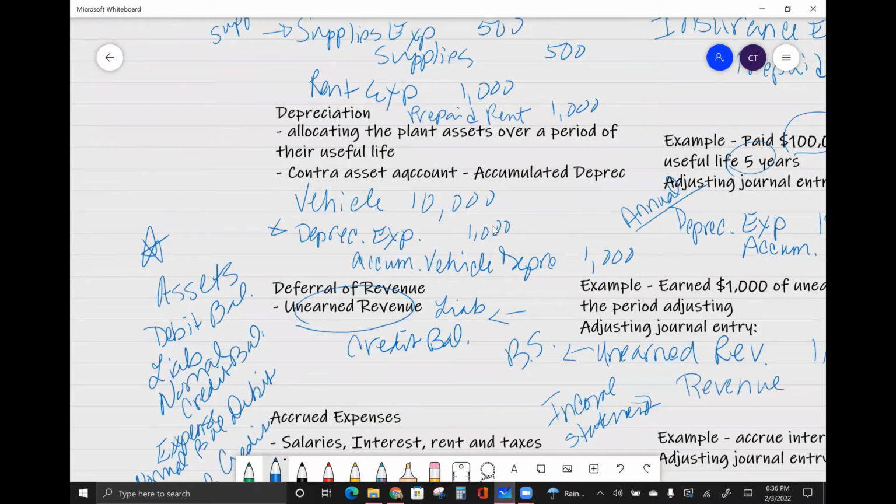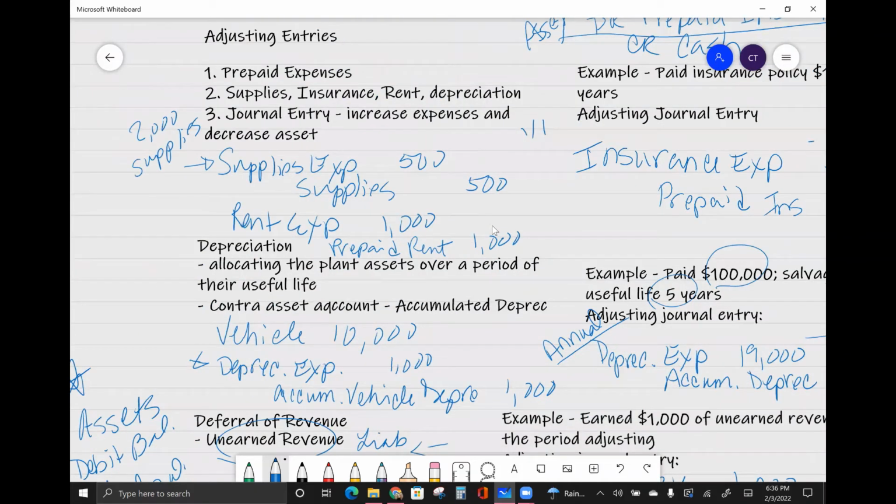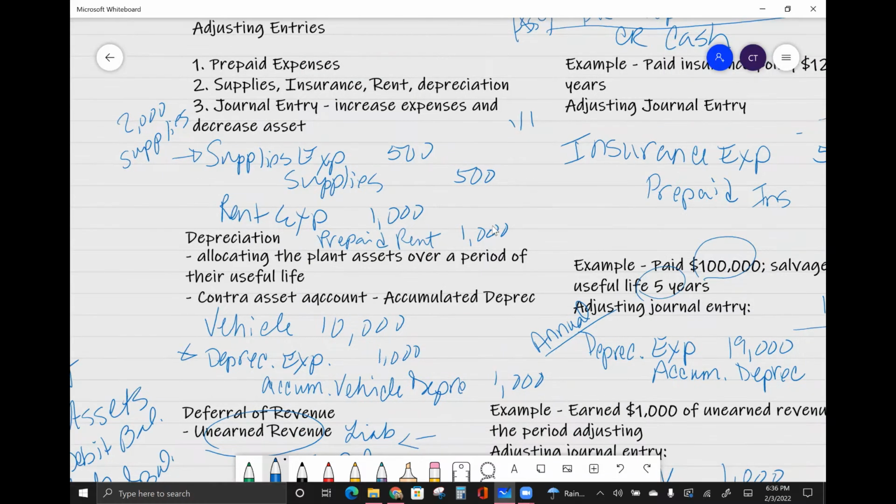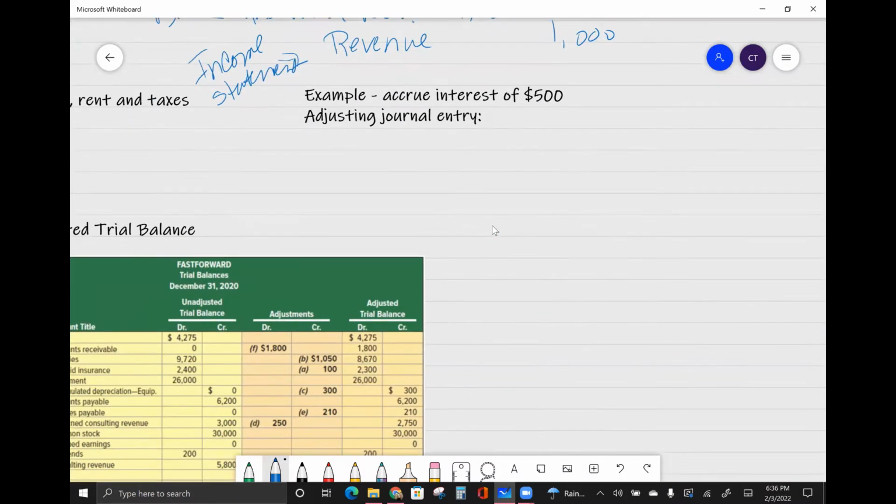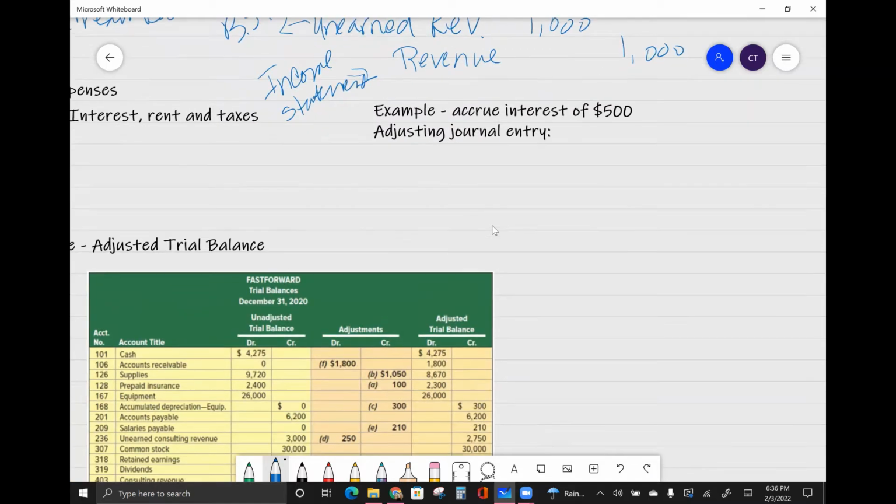Somebody's going to answer. I'm not letting y'all off that easy. So we're doing a journal entry to increase an expense and decrease something else. So if I'm accruing an interest of 500, it's going to be an expense. What do you think it's going to be called? We're debiting, we have to increase expense.